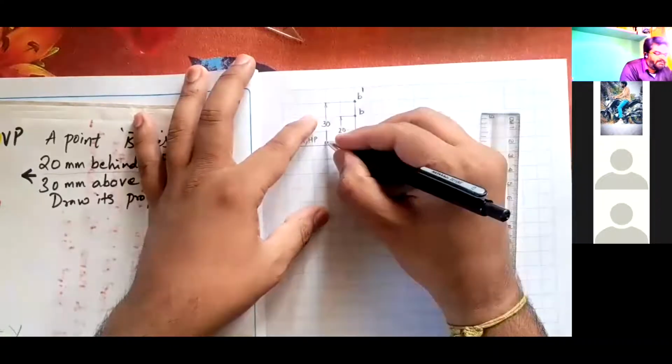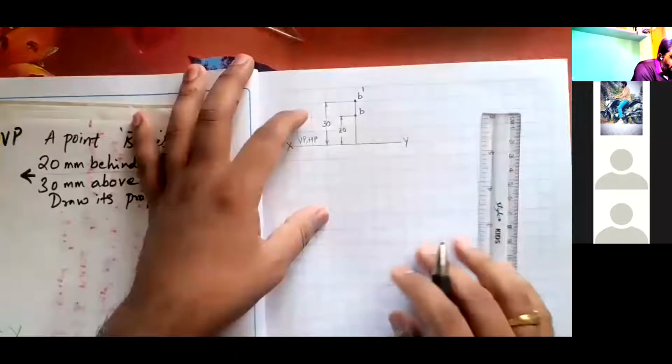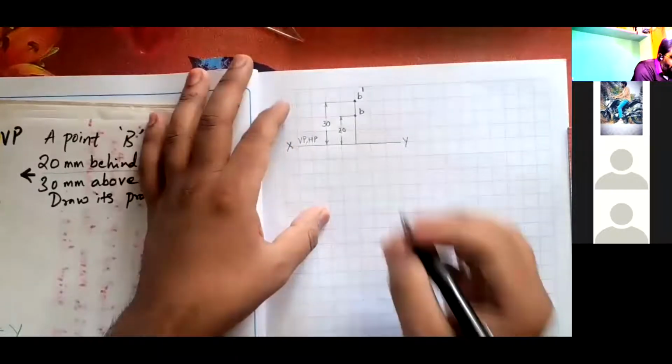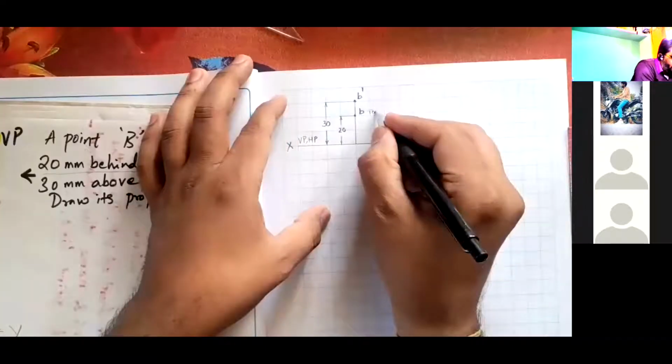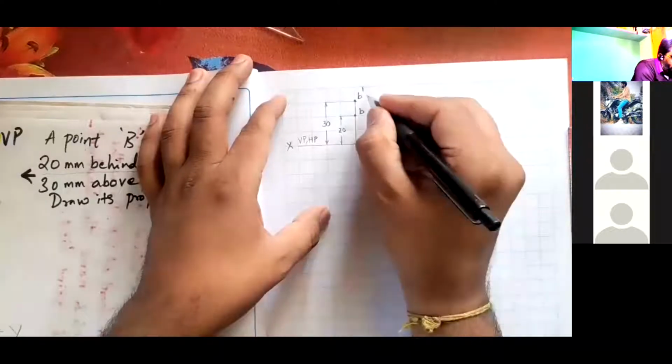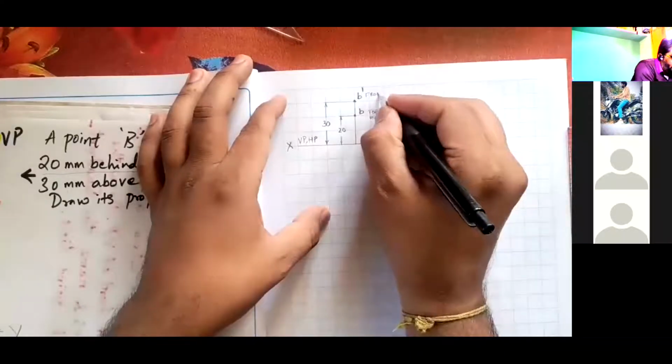Thirty and 20. So what is this? Top view and front.